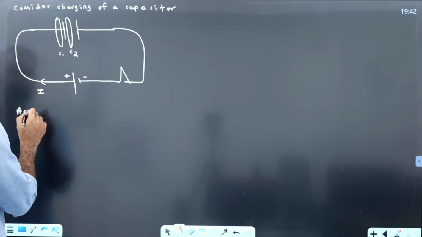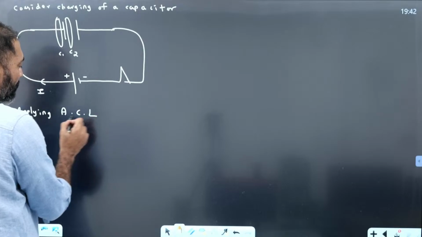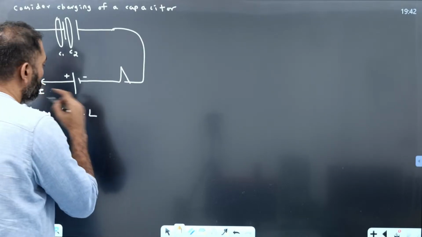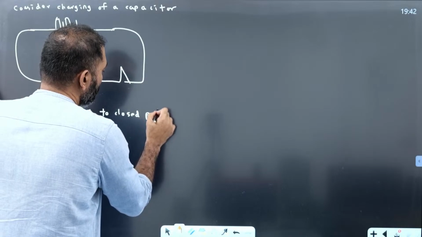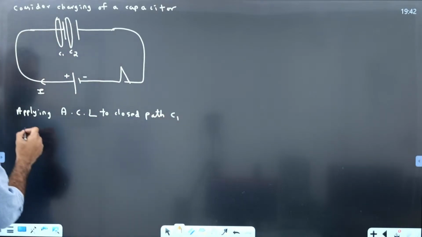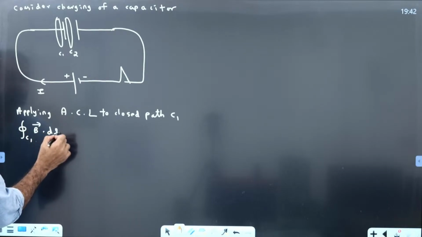Applying Ampere's circuital law, ACL stands for Ampere's circuital law, to closed path C1. Integral C1 B vector dot dL vector is equal to what?